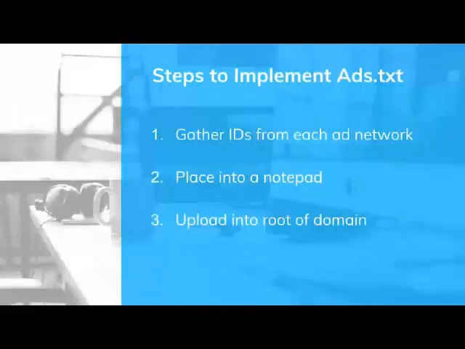In order for you as the publisher to implement Ads.txt, you need to gather the IDs from each ad network. Perhaps you've been receiving emails from some of your ad reps giving the particular IDs and reiterating the urgency of implementing Ads.txt. And then gathering all these ad IDs into a notepad and then uploading it within your root domain.